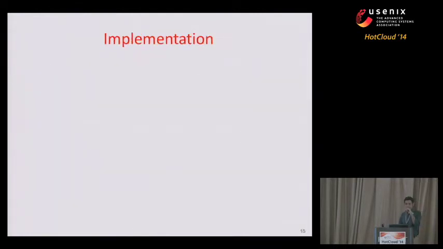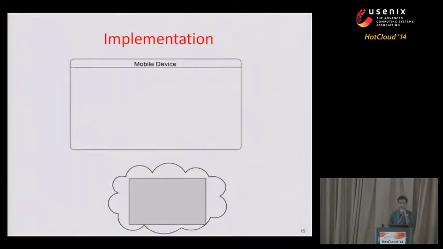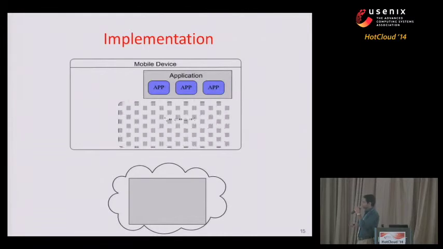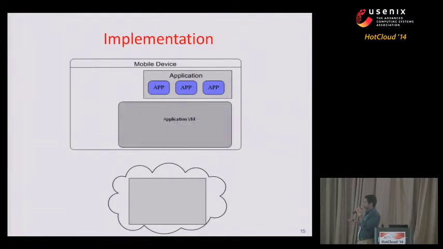Based on these findings, we have come up with a primary framework. In our implementation, we have the mobile device and the server side. The applications all run on top of the application VM, in this example the Dalvik VM. Whenever the application approaches any computation-intensive method, we intercept the method call with the method interceptor, for which we tweak the code in the Dalvik VM.